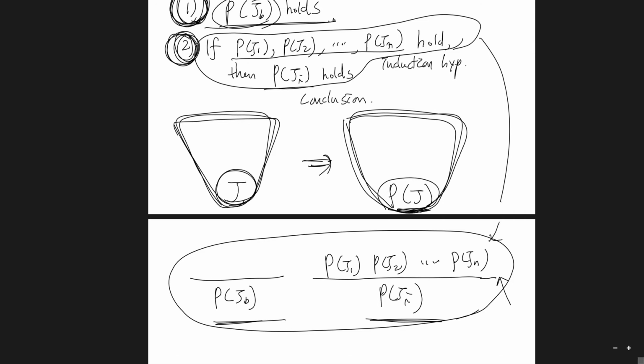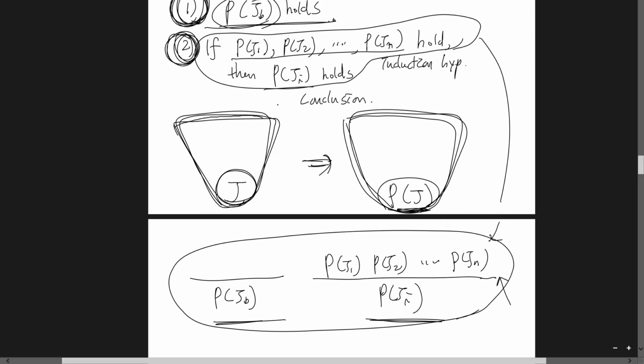Now, suppose that there is this derivation tree proving J. Then in general, it might have these premises, and we have these sub-derivation trees.